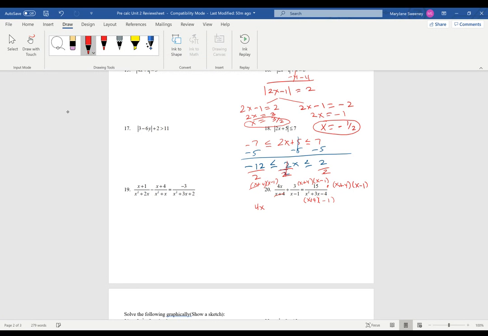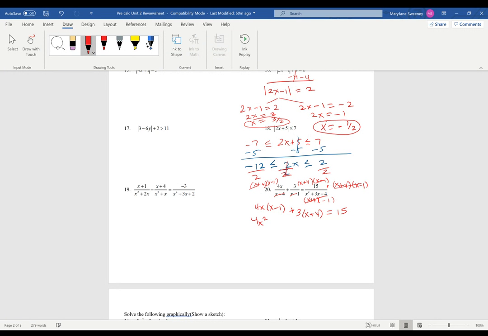All right, so here I have 4x times x minus 1, plus here I have 3 times x plus 4. Since it's following a plus sign, I don't have to really worry too much. There, that all cancels, so I just have 15.